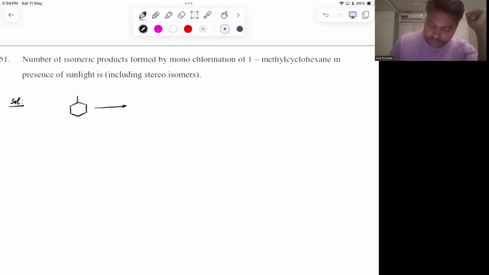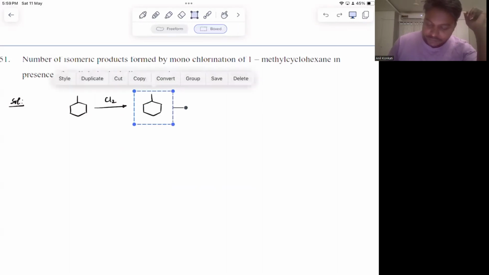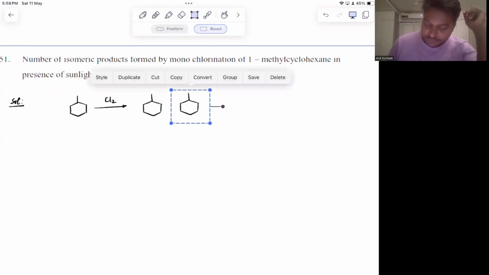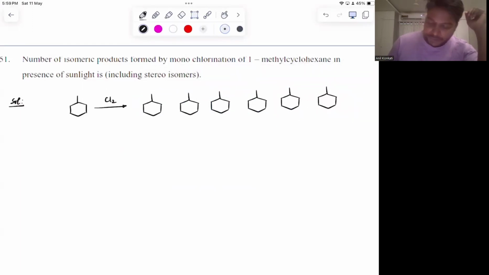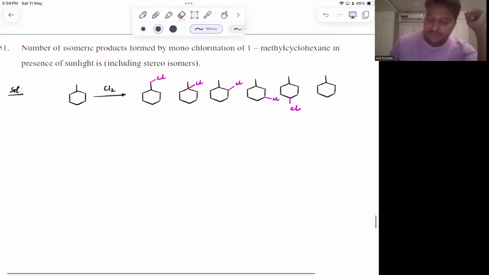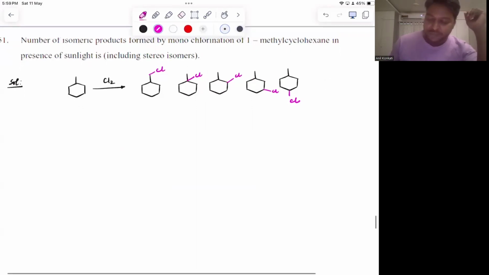This is the one with Cl2, monochlorination. So I can get one chlorine here. Okay, let me copy these structures. First, I can get a chlorine here, here, here, here, and here. These are the possible structural isomers which I can get.